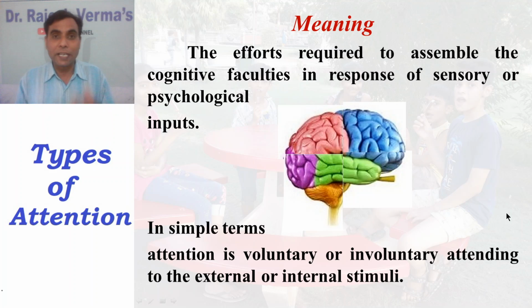So these are the four technical terms here: voluntary as well as involuntary, and external or internal stimuli. Once again, in simple terms, attention means voluntarily or involuntarily attending to the external or internal stimuli.